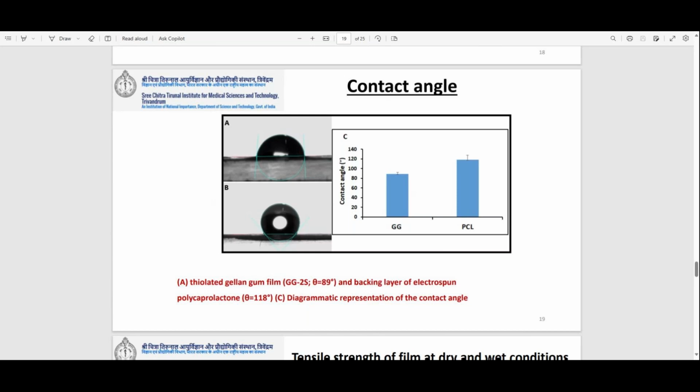It will resist the flow of the drug molecule towards the outer layer. That is our aim, to block the flow, and we have to introduce a unidirectional flow of drug molecule to the oral environment.